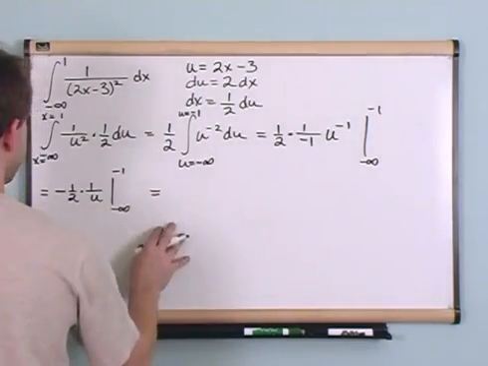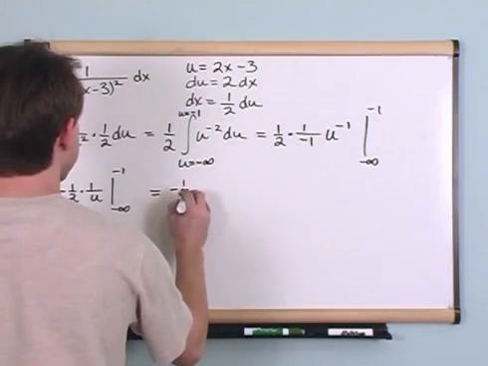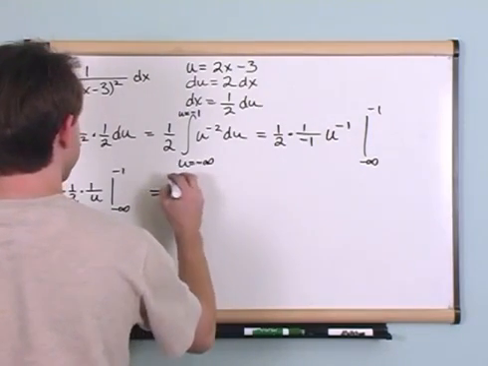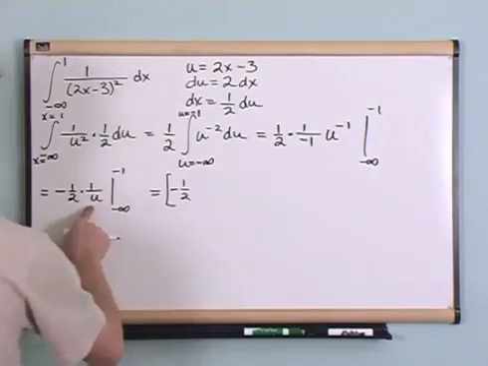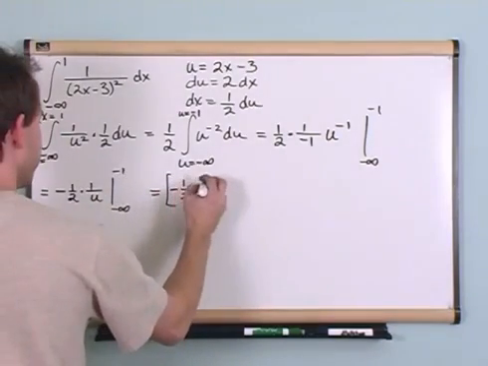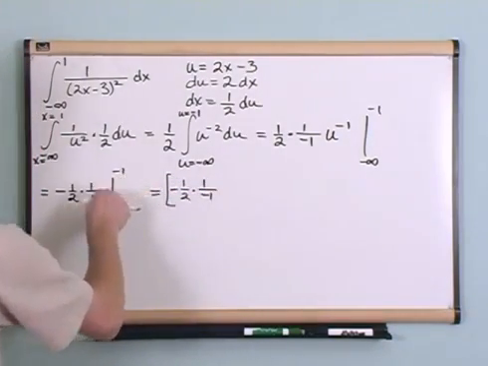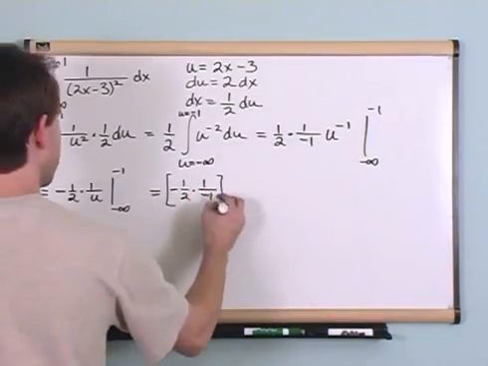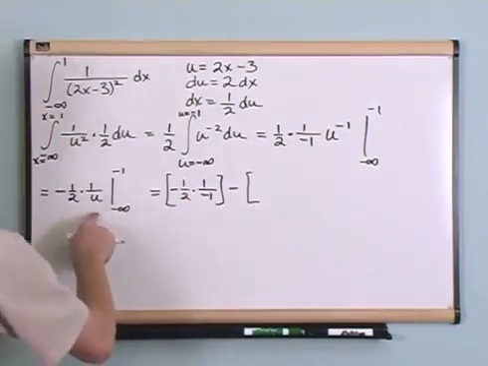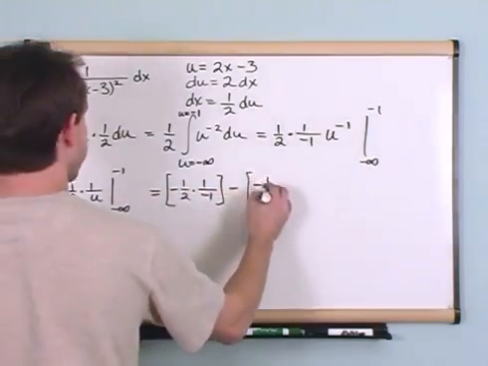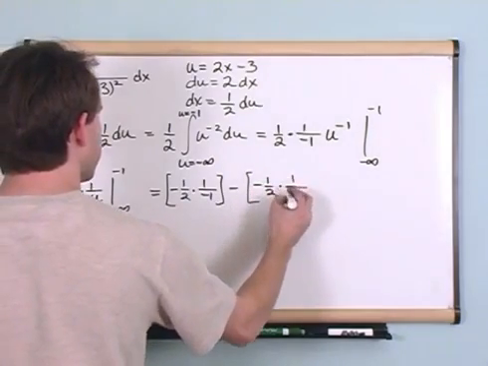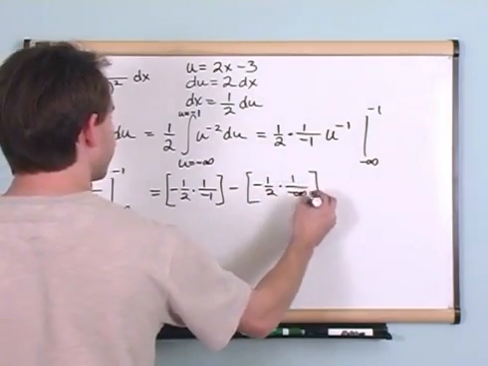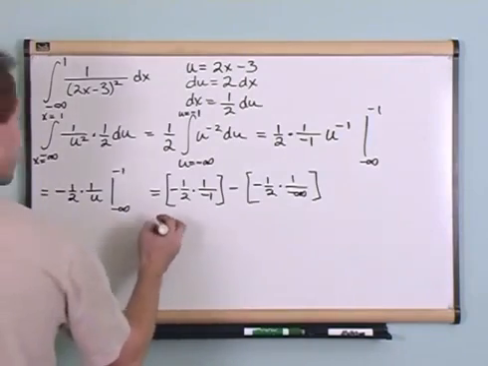And so then, in the end, you'll have negative 1/2, and you plug in the top limit times 1 over negative 1. We just plug this in here, minus evaluated at the bottom, which is negative 1/2 times 1 over negative infinity, like this.